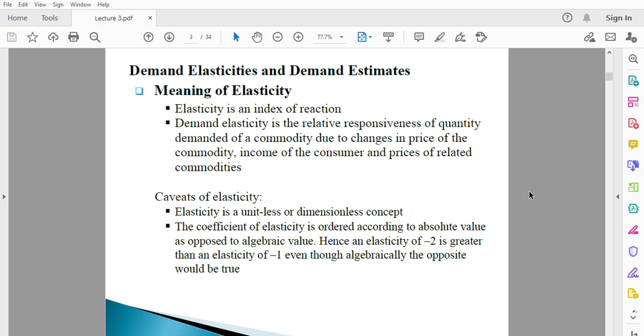And if you calculate another elasticity and you get negative 1, then negative 2 is considered greater than negative 1 because we consider the absolute value, so the sign is not really considered. Everything is considered as positive, right? But the signs are also for a purpose, but for comparison of which one is greater than the other, we consider the absolute value, right?